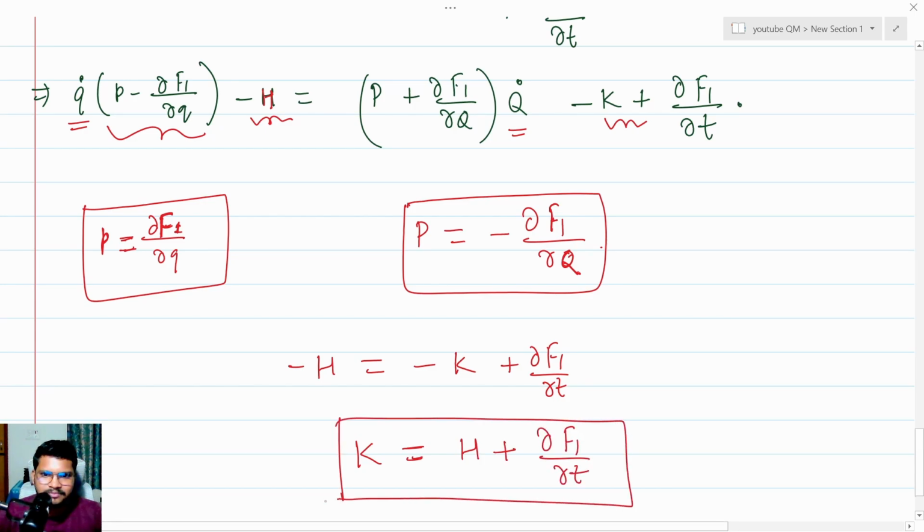That's all. You give me H, somehow you know the generating function F1, and I can construct the new Hamiltonian. And if I know F1, I can easily get the corresponding generalized momentum. And this tells me that p and P are conjugate momenta.